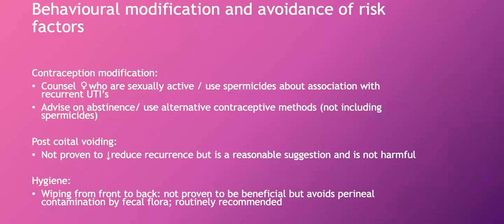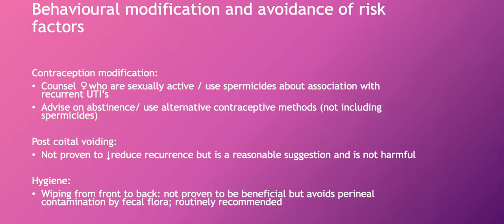And then other measures are contraceptive modification. So you counsel patients who are sexually active or use spermicides about the association with recurrent UTIs. And you can then advise patients on abstinence or the use of alternative contraceptive methods which do not include spermicides.